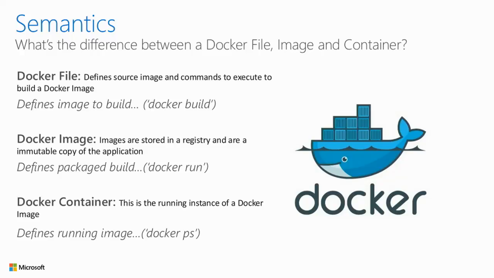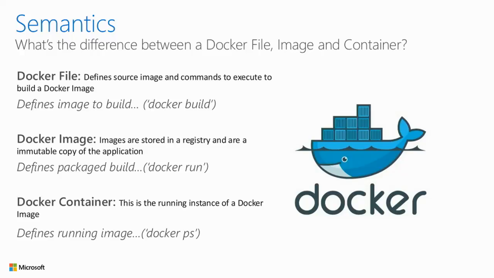A Docker file is a definition file which defines how to build a container. It usually references a source container image. So in the Linux world, you might say, build from Ubuntu 14.04, and then you tell it what packages to install, where to get its code from, and what command to execute when you start the container.